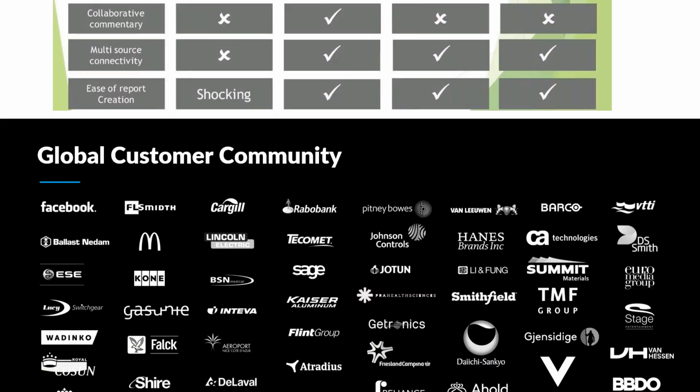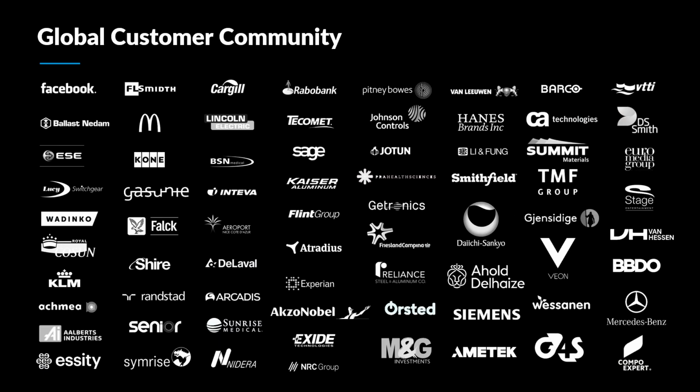However, don't take my word for it. Take the word of at least 90 customers that CXO currently has, and we can see a lot of them listed on the screen here. You'll see a lot of large names like McDonald's, Facebook, KLM Airlines, Senior PLC, a FTSE 100, London Stock Exchange registered organisation, AkzoNobel, one of the world's largest chemical and explosives organisations.